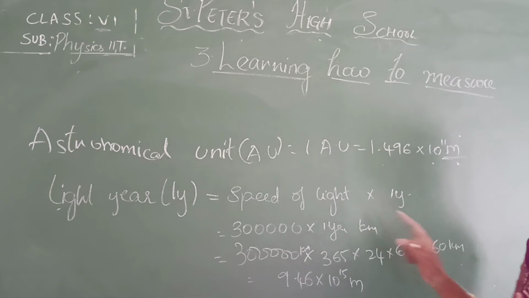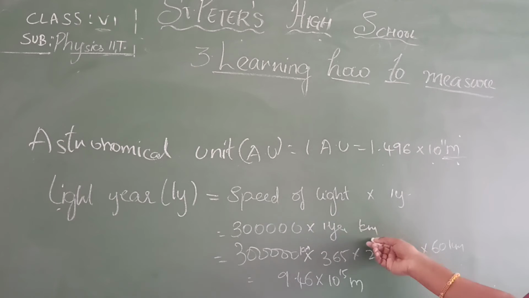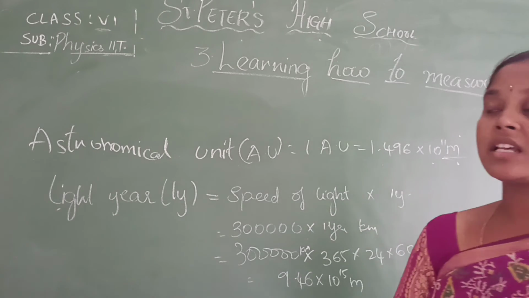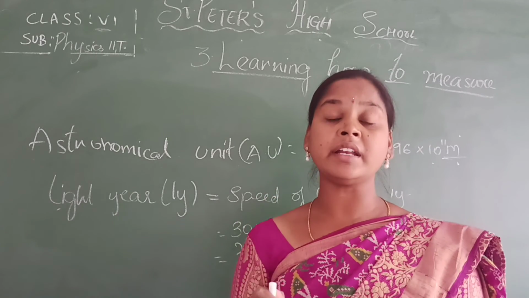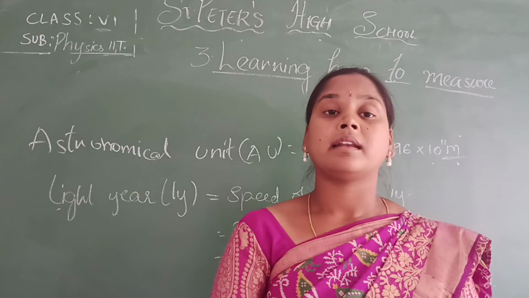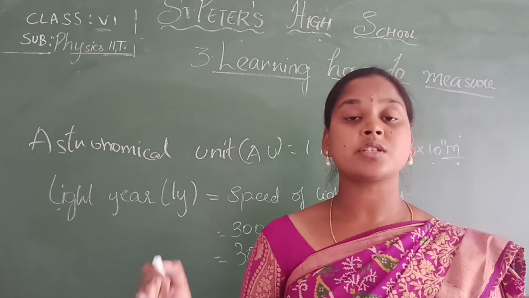So here speed of light is 3 into 10 to the power of 8 meters per second, or 3 into 10 to the power of 5 kilometers per second. So I am taking this into 1 year. How much distance will the light travel in one whole year? This is the longest distance to measure.